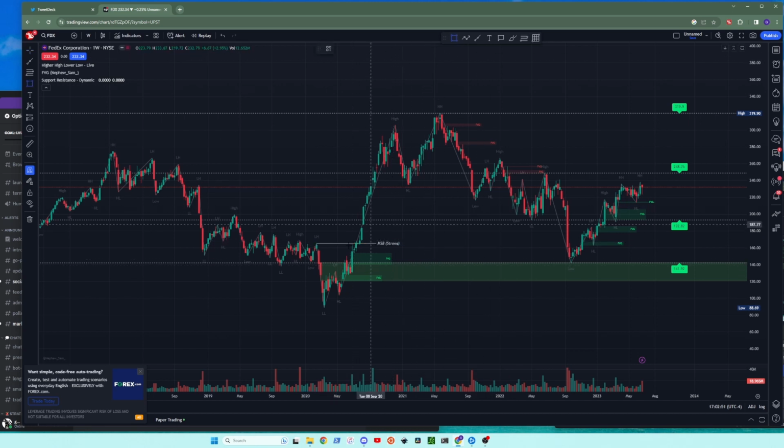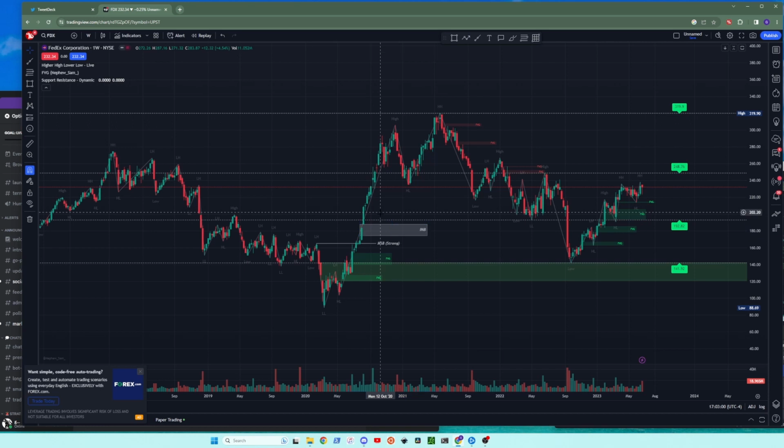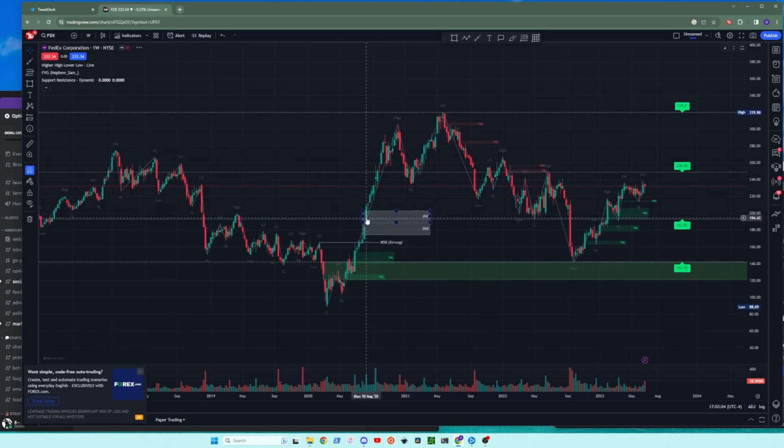Well, again, a lot of green bars, imbalances. Overlapping imbalances even. There's plenty more up here, but they've all been filled. That's my point.